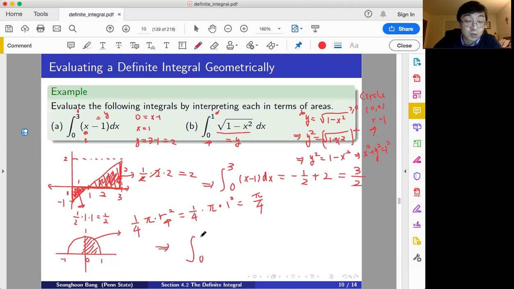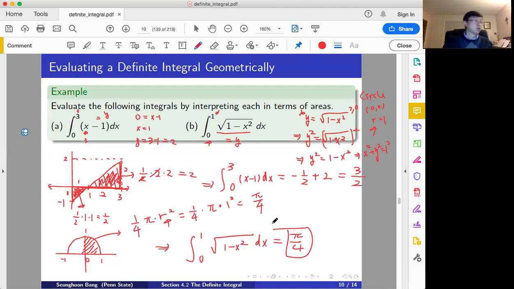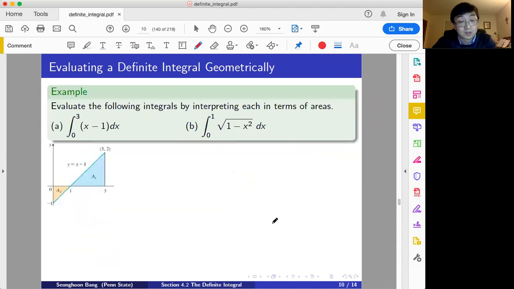The integral from 0 to 1 of the square root of 1 minus x squared dx is pi over 4. So that's it. This is the whole idea for solving the second problem by using the graph, and for solving these two problems.